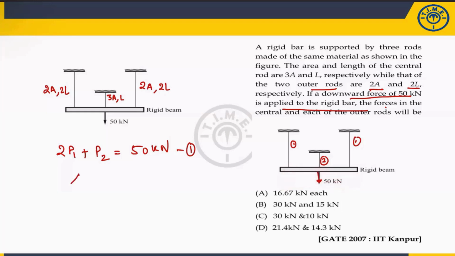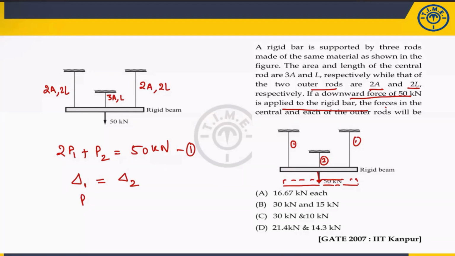The deformation of first is equal to deformation of second because they are connected in parallel. So if the rigid beam is moving downward, whatever the elongation of this one, for example, after some instant, this bar will be here. This distance for this one, this distance for this one, this distance for this one will be same. So I will equate these two values to get the unknown parameter.